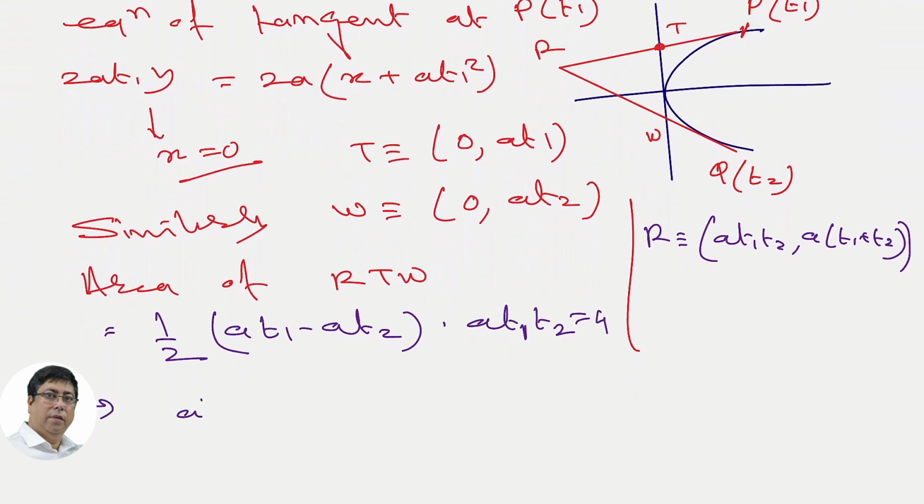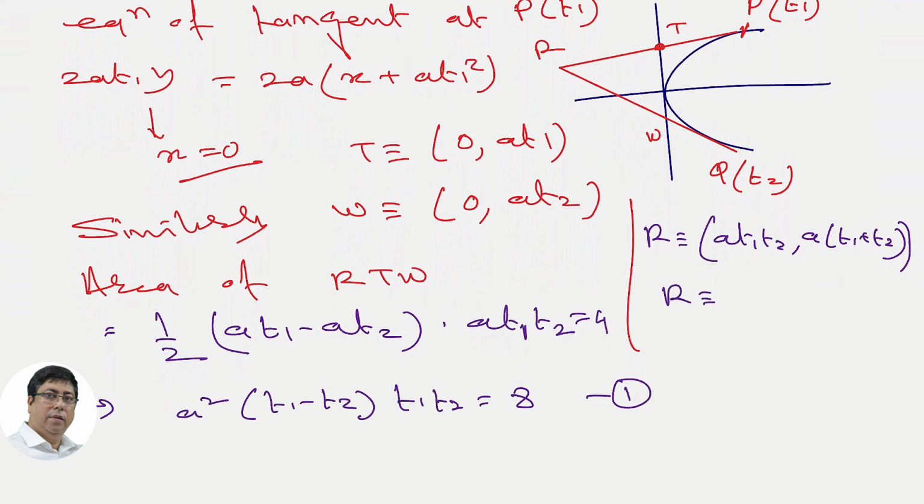So a square into (T1 minus T2) into T1T2 equal to 8. Let us give it number 1. So R has coordinates AT1T2 and A(T1 plus T2). Suppose R is some (x1, y1), as its locus is needed.